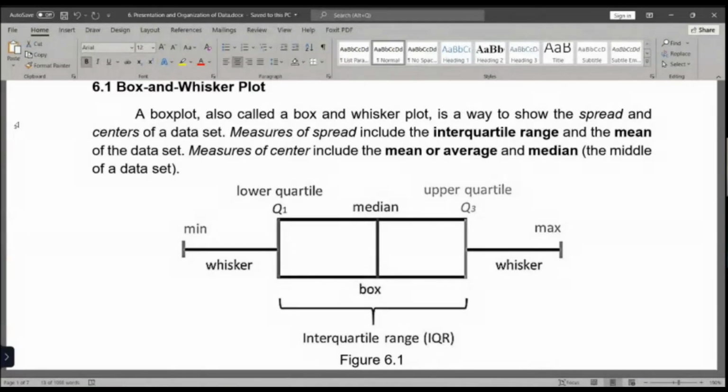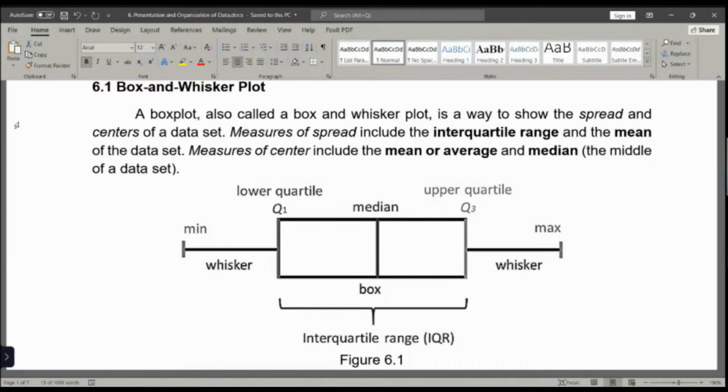And second, we have the measures of center or the measures of central tendency. The major measures under the central tendencies are the mean, median, and the mode. But in this case, we're only concerned with the median, the middle value of the dataset.